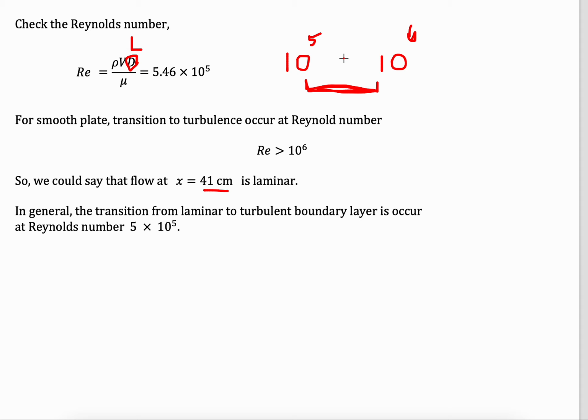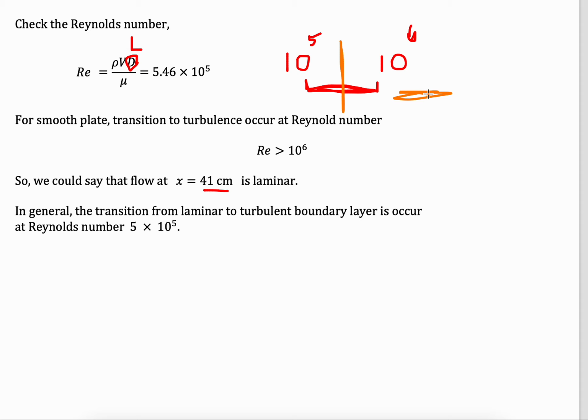So normally people will take the center line. That's why we take 5 times 10 to the power of 5 as the transition between laminar and turbulent boundary layer. So we neglect the existence of transition. And then the surface roughness will influence the formation of the turbulent boundary layer.